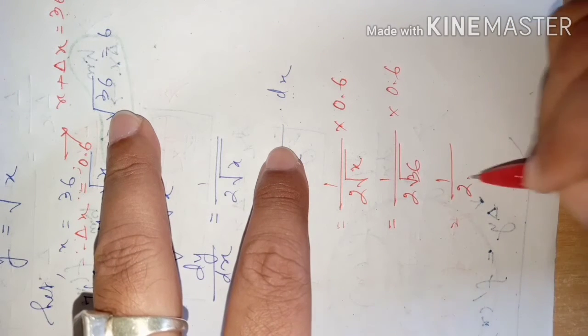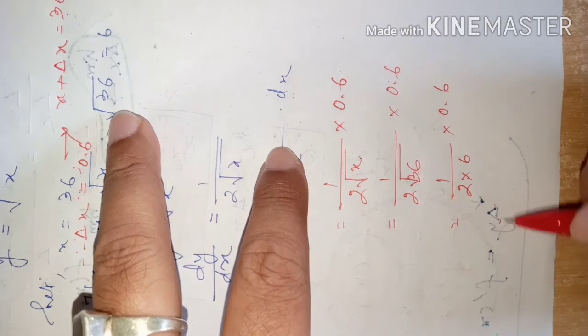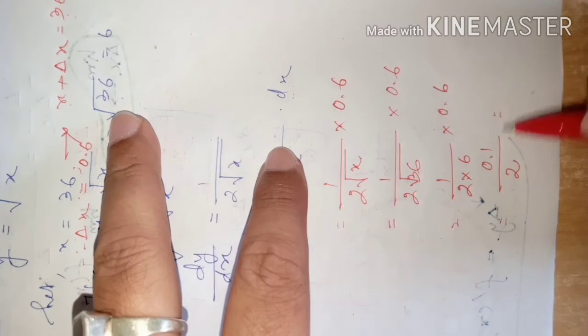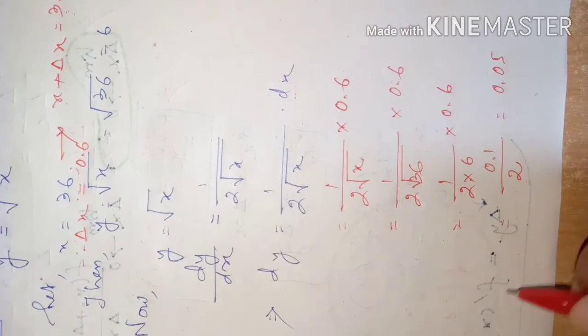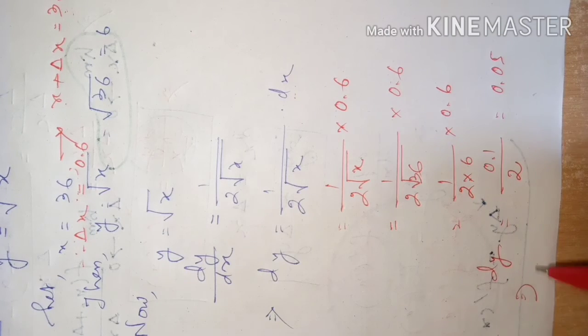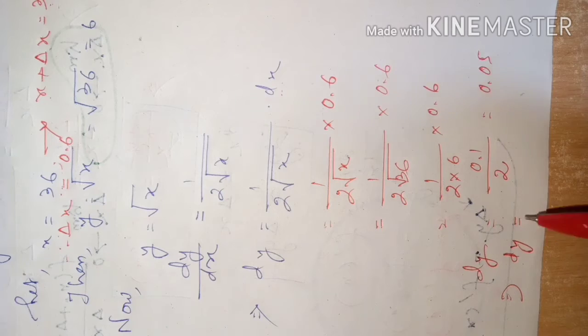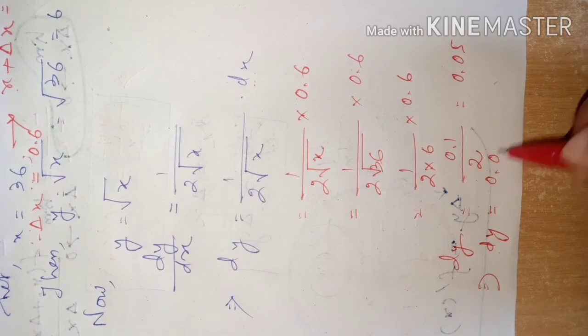So 1 by 2 into 6 into 0.6 will give us 0.6 by 12, that is equal to 0.05. So what we got, dy is equal to 0.05. As I told you, dy is approximately equal to delta y, so it is 0.05.